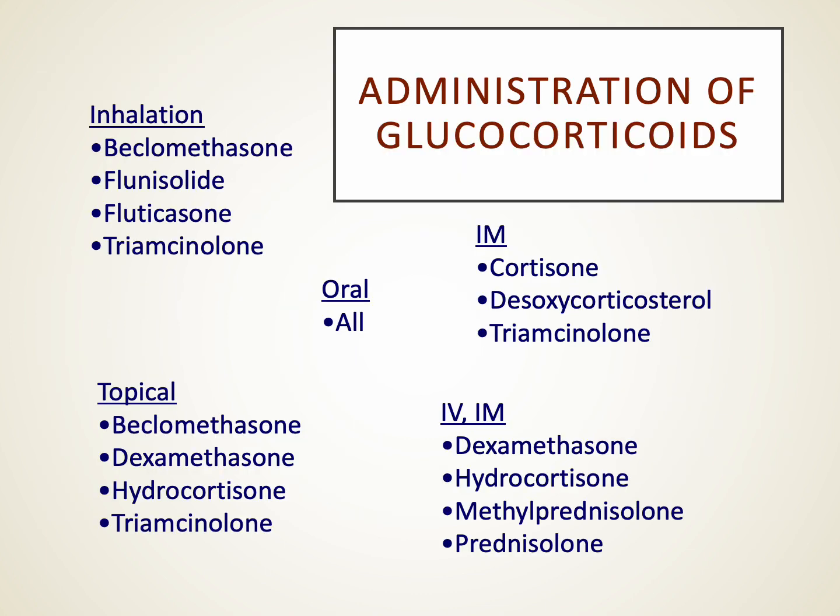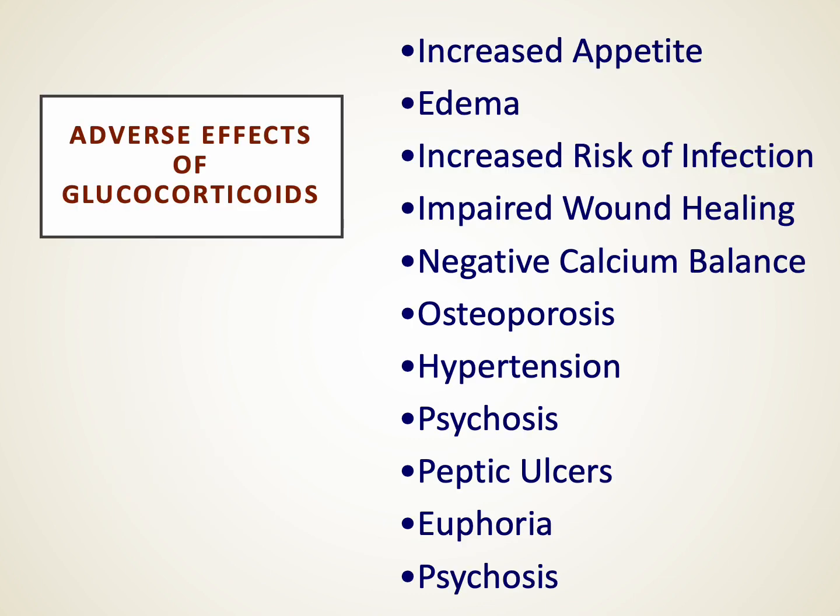As we alluded to, there are lots of different routes of administration of glucocorticoids. We're going to focus here mostly on the inhaled forms or the systemically administered forms. As a review, the adverse effect profile of glucocorticoids includes changes in appetite, mineralocorticoid effects of edema and elevated blood pressure, and then all the other things we alluded to.